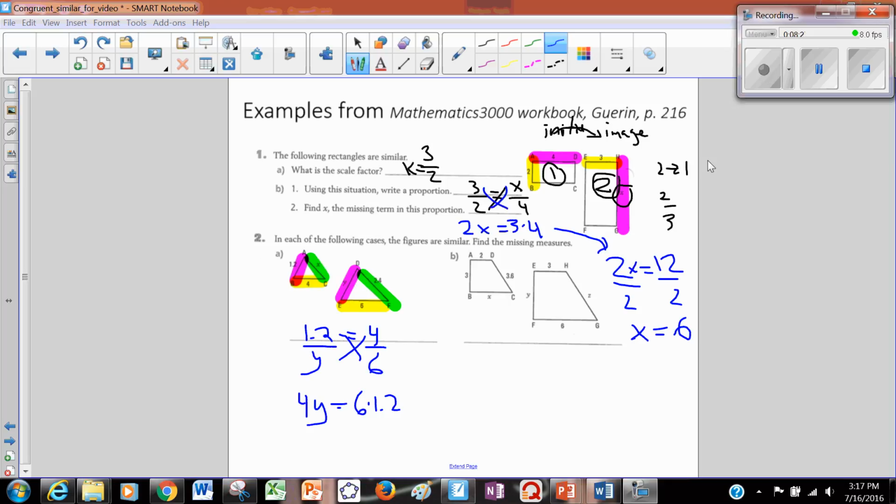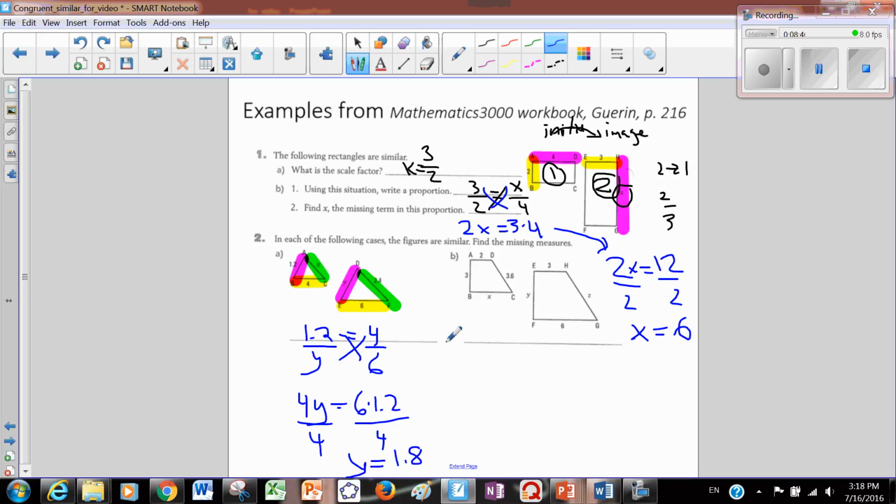If you take your calculator and you do 6 times 1.2, you get 7.2. And to get your y, you're going to need to divide by 4. So your y has to be equal to 1.8.